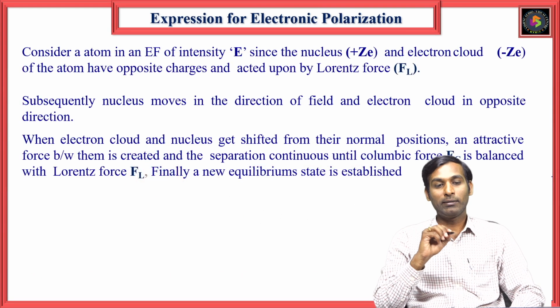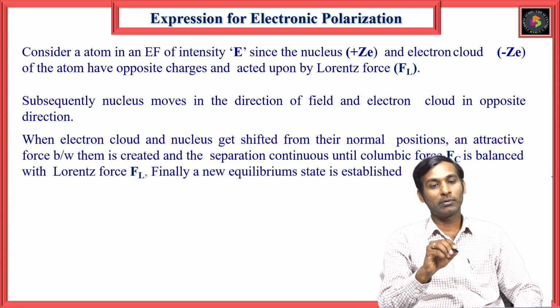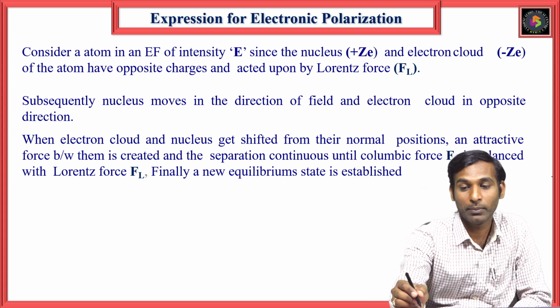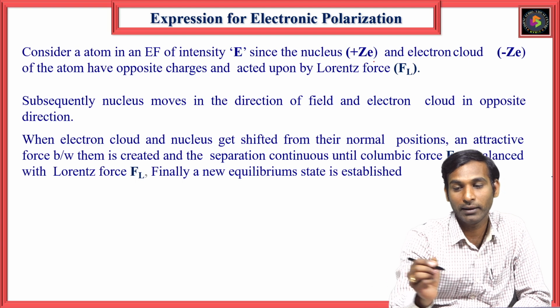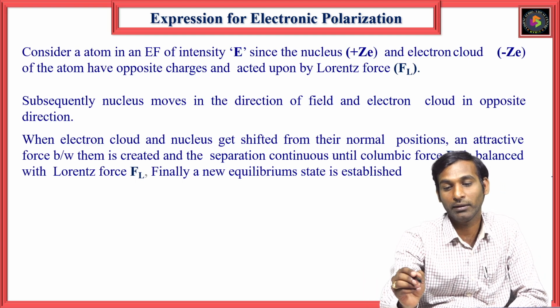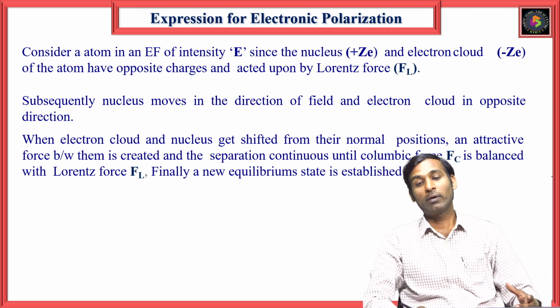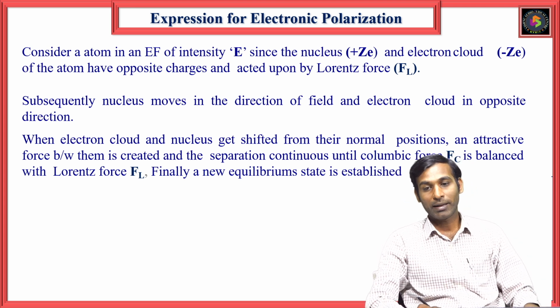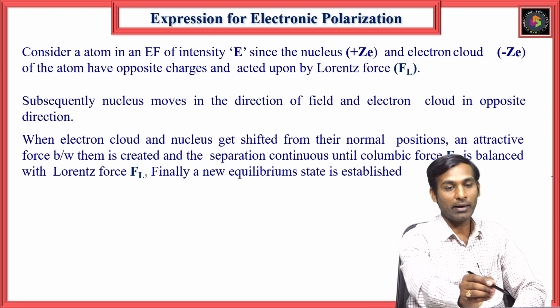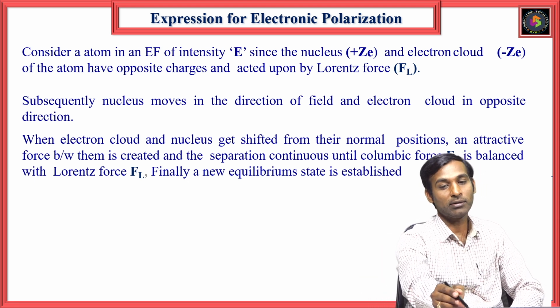See here, consider an atom in an electric field of intensity. The nucleus is represented by plus Ze and the electron cloud is represented by minus Ze. I am taking two parameters: the nucleus of charge plus Ze and the electron cloud, minus Ze, of the atom having opposite charges.